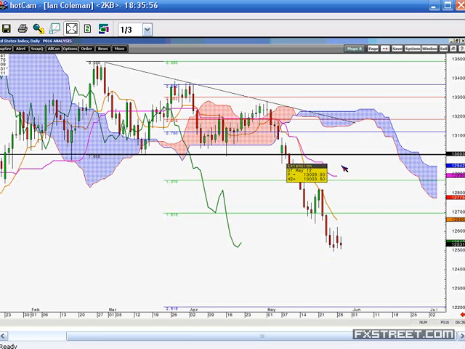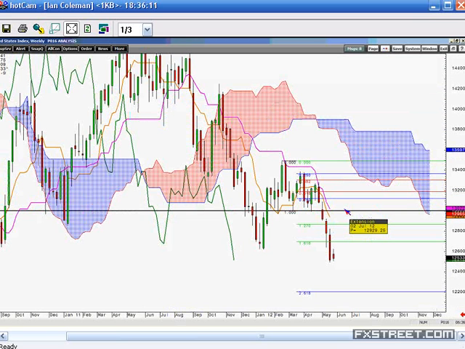So the bias, okay, taking it off our larger time frames, and again, I wouldn't expect you to keep flicking through to longer time frames.